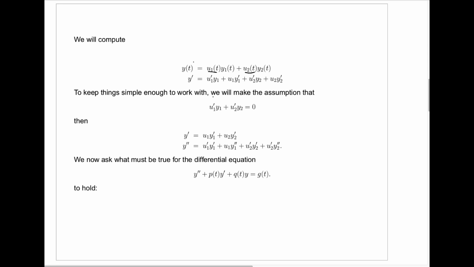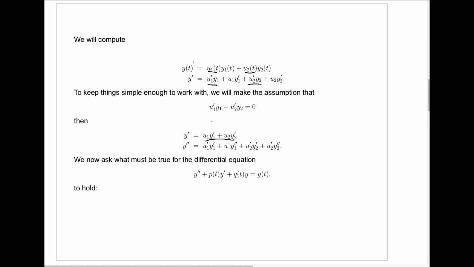So we're going to make the following simplifying assumption, and it's going to be really neat how this works out: that the sum of these two terms, this term plus this term, is 0. Then y prime will just be the other two terms. It'll be much simpler. Now, I can't just make that assumption and hope it's true for the u1 and u2 that I find.